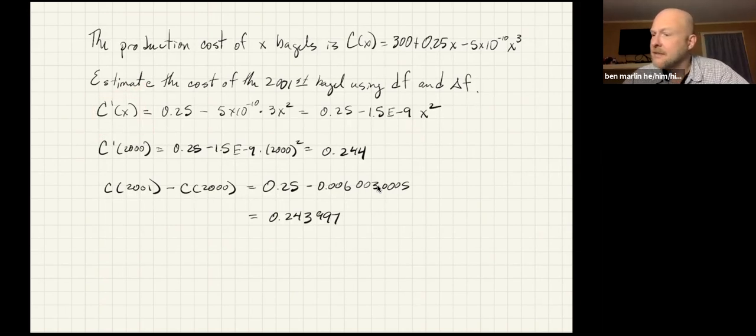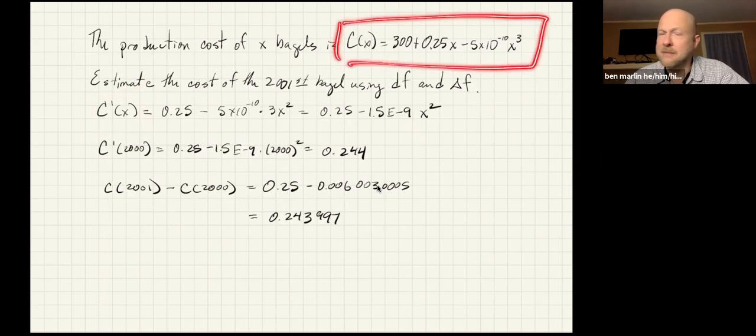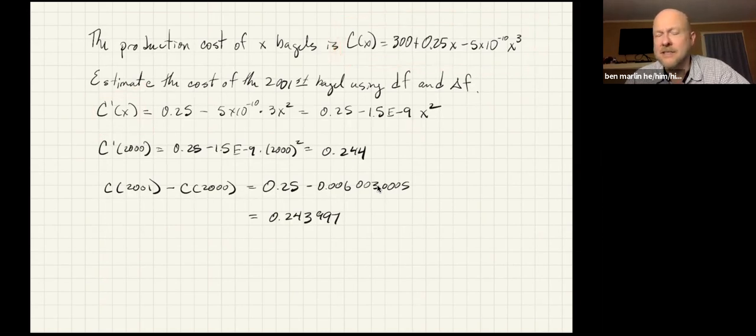Additionally, these modeling functions, they're estimations, okay? So once you start dealing with an estimation for this, then dealing with an estimation for your rate of change there kind of makes sense because it's not going to make that much difference, right?